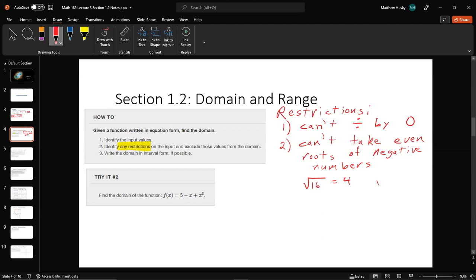However, I cannot take the square root of -16 because that is not a thing. And if you get yourself a calculator and try to do square root -16, it will give you an error message because what you're trying to do is not possible. So you can't square root negative 16.